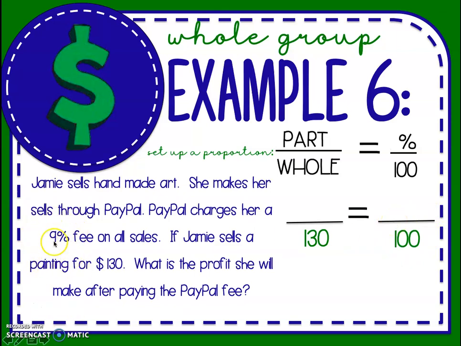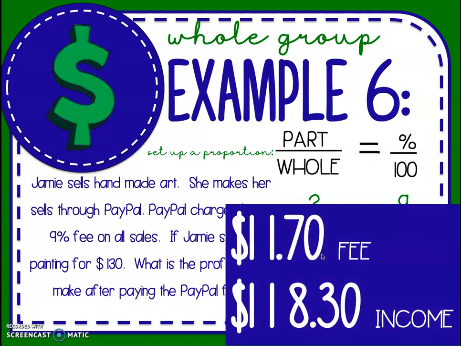We know that PayPal charges her a 9% fee, so 9 goes in our percent spot. And the fee, or the part that she's going to have to pay, is our question mark. So we're going to cross multiply and divide: 130 times 9 and divide out the remaining 100. When we do that, we get that she has to pay an $11.70 fee.